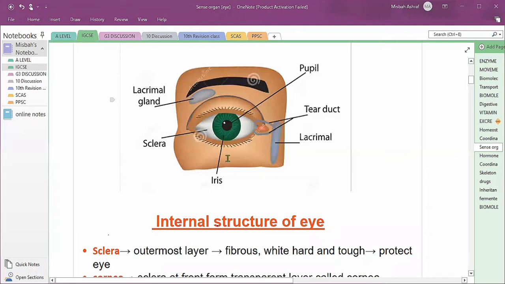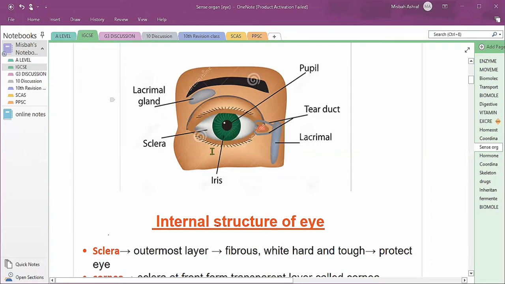So there are 3 eyelids, and their function is to spread or wipe the tears onto the eyes so that friction is reduced. They also lubricate the eyes and prevent them from drying up.